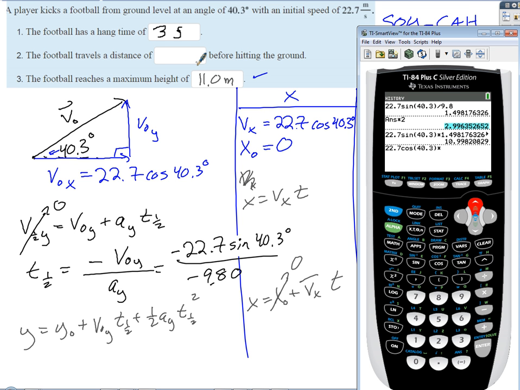Well, it's going to travel the entire horizontal distance over the entire time it's in the air. And what was our entire time again? It was rounded to almost 3.00, but here's what it was with lots of digits. So the answer is 51.9 meters.